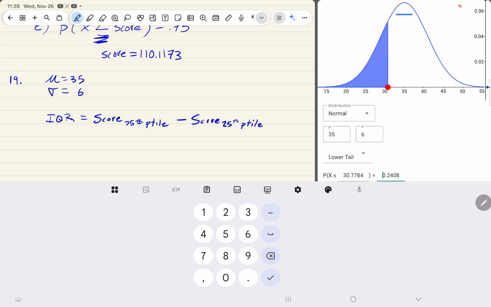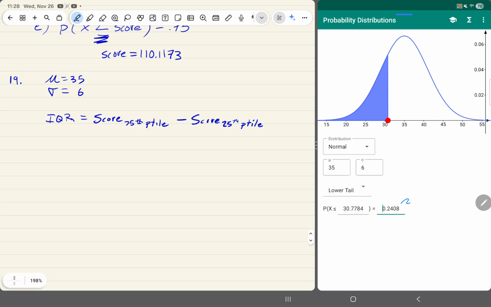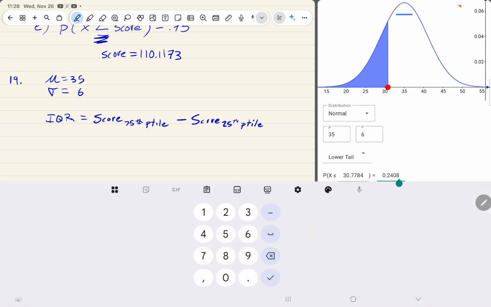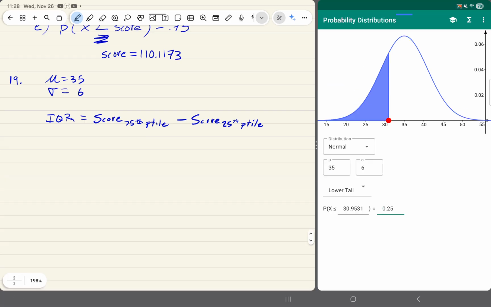That's why. All right. So we're going to enter over here the 25th percentile, 0.25, and that score is about 30.95. I think we'll just call that 30 for argument's sake. So the score at the 25th percentile was 30.